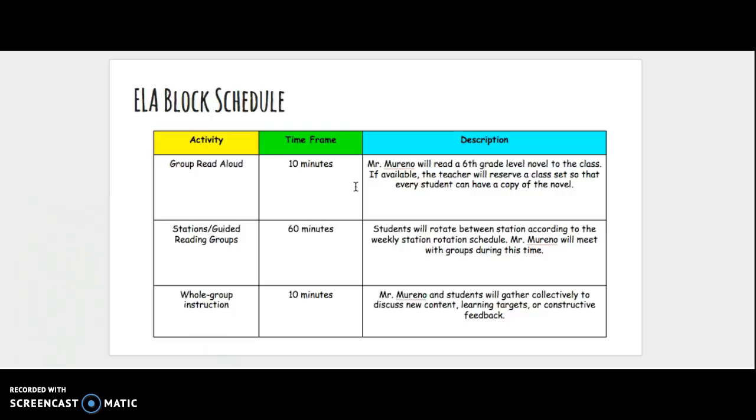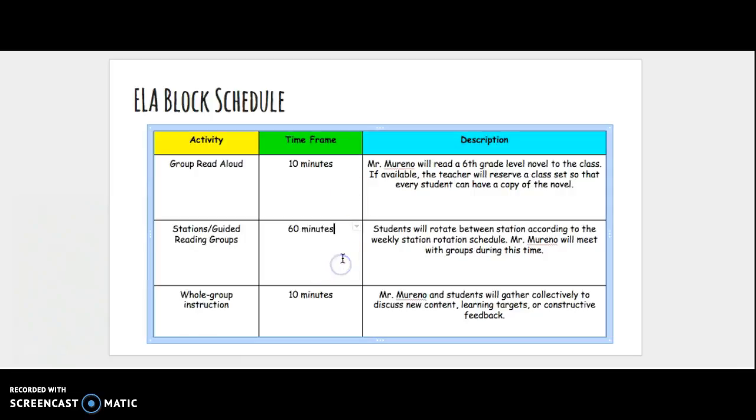So this is my way of exposing them to those novels and that literature that is on sixth grade reading level. So every single day that students come into my classroom for the first 10 minutes, we will just do a group read aloud where I'll be reading or I will ask other students to read out loud. But for the most part, I plan to do most of the reading.